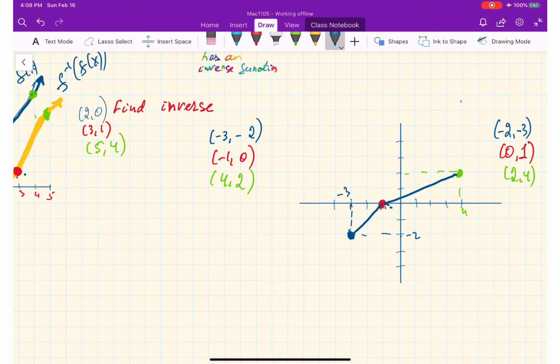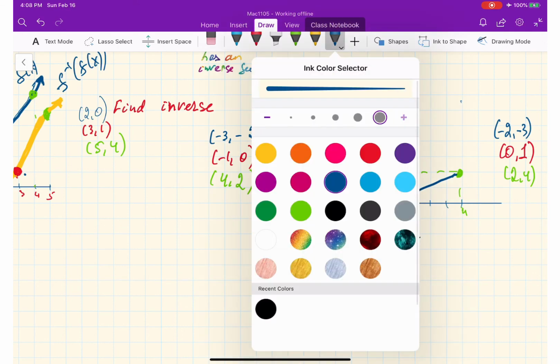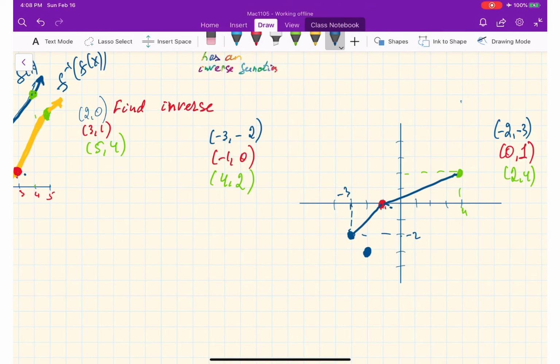All right, now next one, -2 and 3. X is -2 and the y is -3. So it's going to be right here, -2 and 3. Okay, and then 0 and 1. Wait, if -1 and 0, then I'm sorry, it's going to be 0 and -1.